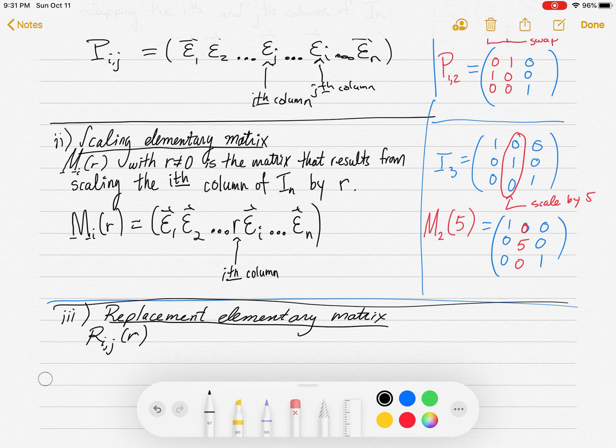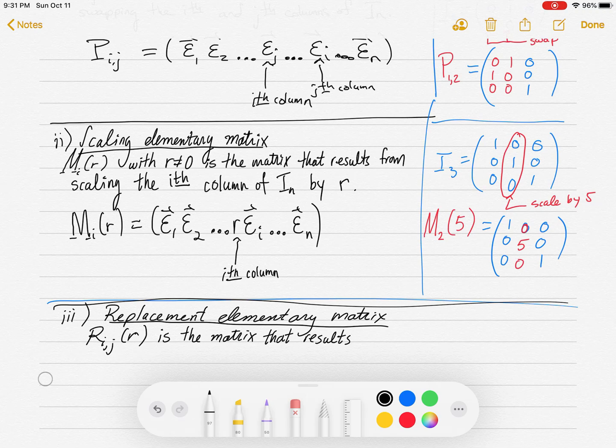So how do we say that? R sub ij of r is the matrix that results from replacing the jth column of the identity with r times the ith column plus the jth column of the identity. Yeah, that's the way to put it.